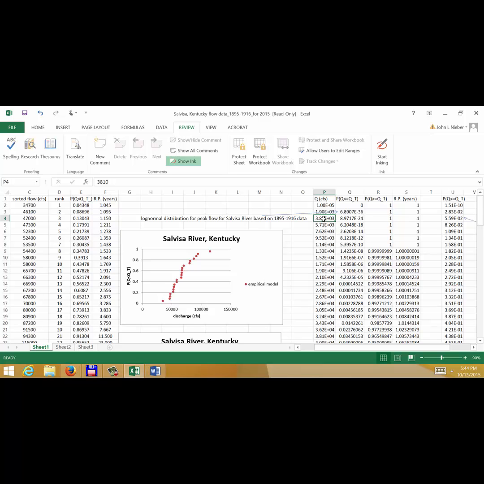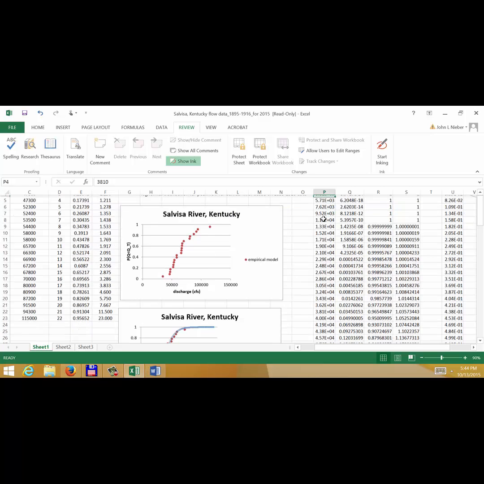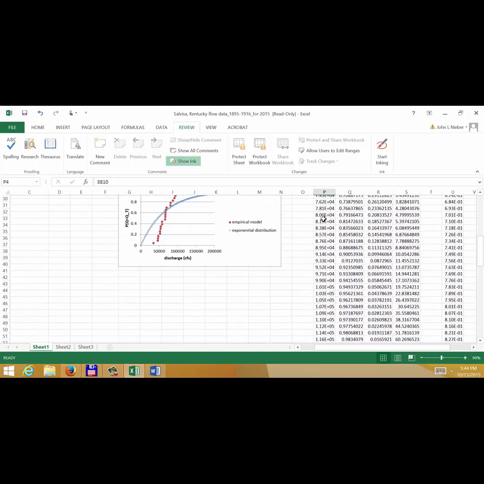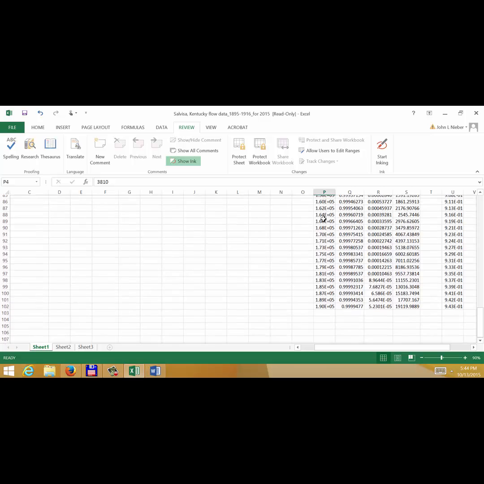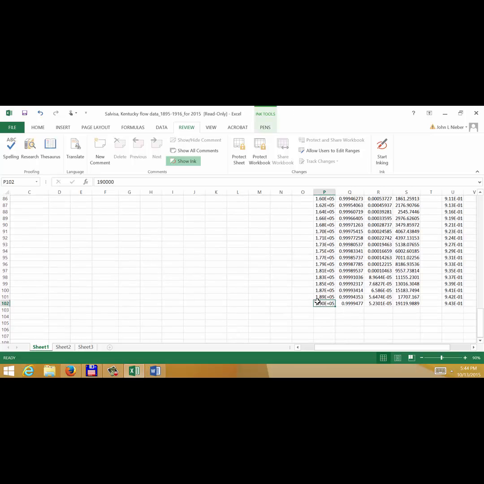The actual data went from 34,700 cubic feet per second to 115,000. Here I've created a range from 10 to the minus 5, essentially 0, out to 190,000 cubic feet per second. So column P goes all the way down to 190,000, as you can see here.